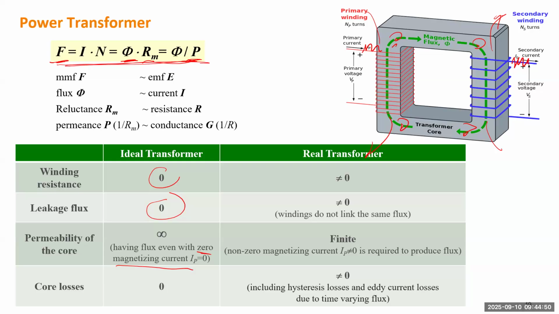So for the primary side, you connect that to a source to give it a little current. Even if the current is very small, that can build up the magnetic field, which is sufficient to let the transformer operate. But in a real transformer, you may need to add some minimal current. And also the core loss: there's no eddy loss with an ideal transformer. But for a real transformer, you need to model everything.